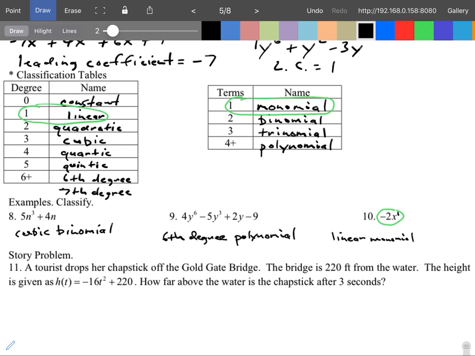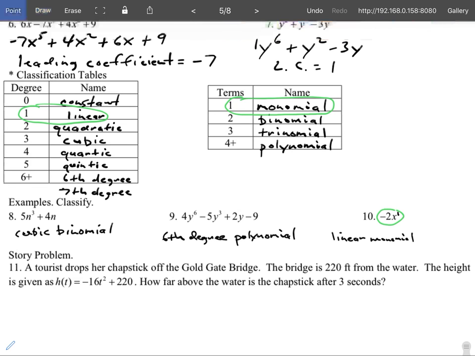The height of an object, if you drop it off of the Golden Gate Bridge, would be given by this function right here. The height depends on the time. They want to know how far above the water an object will be after 3 seconds.